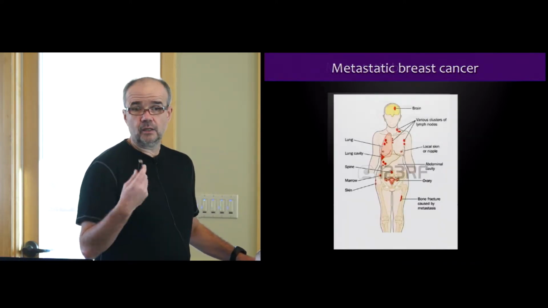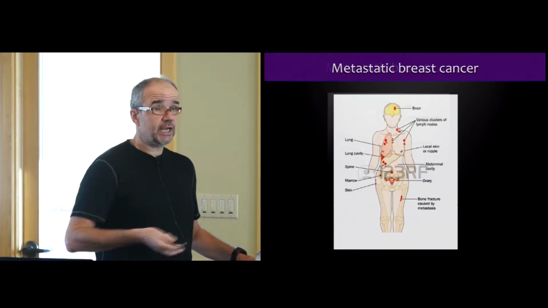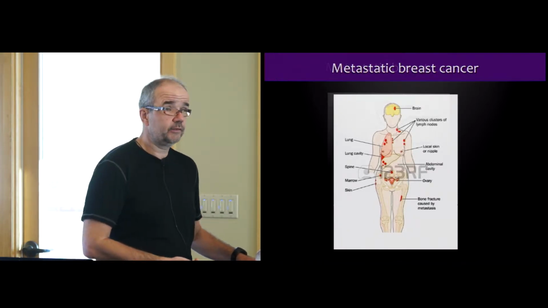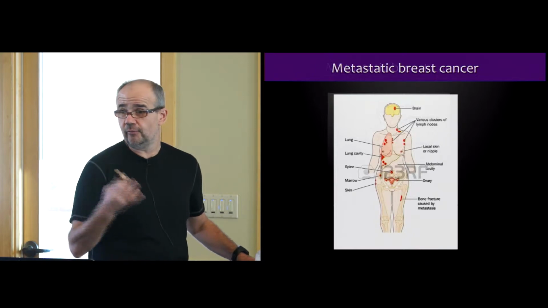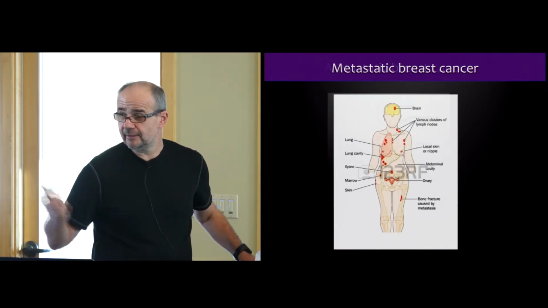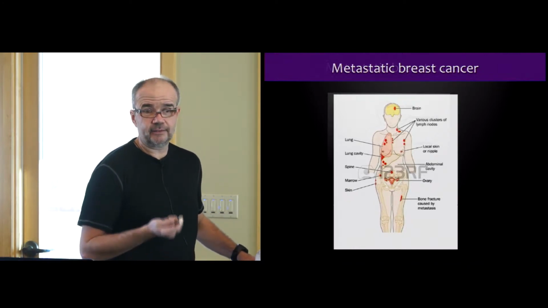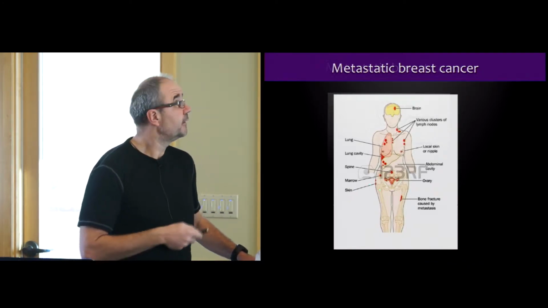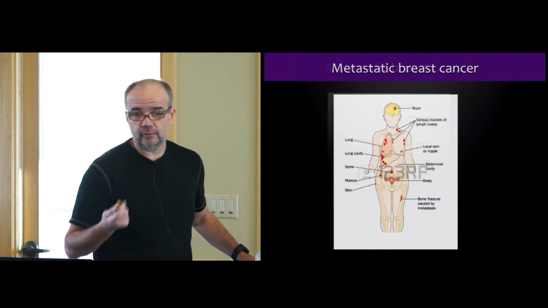Or a tumor may change to the degree that it loses its sense of location and loyalty to an organ and can establish metastatic lesions, distal metastases in other parts of the body.